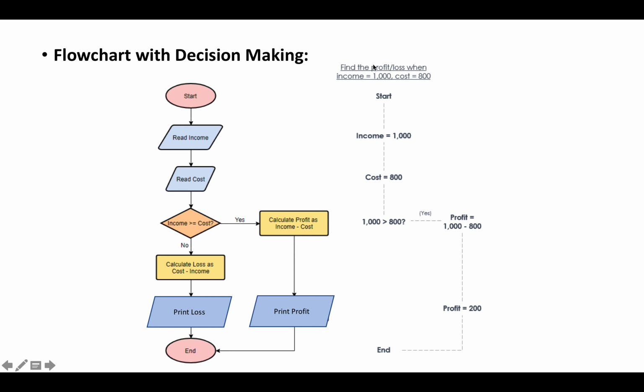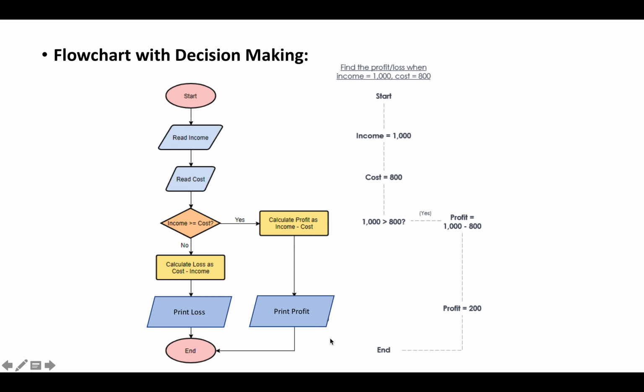Now consider an example. On the right hand side, income is 1000 and cost involved is 800. So in the beginning, start, then we have given income is equal to 1000, cost is equal to 800. These two numbers are read from the screen or from a file.